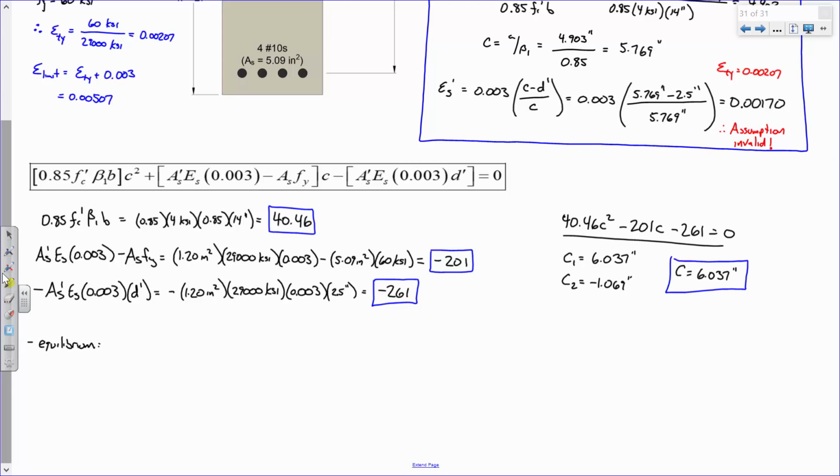Now, what do I mean by equilibrium? I mean C equals T. So let's compute each of those forces. Let's start off with C for the concrete. Now the concrete compressive force is 0.85 f'c a b, just like it has been, okay? Now, what's a?